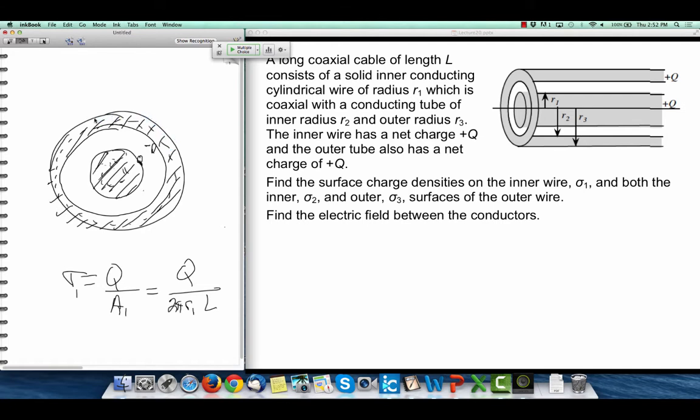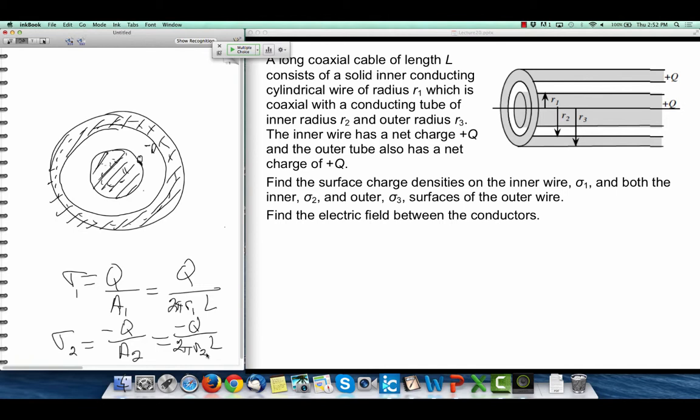You'd know there was no electric field, so no flux, so no charge enclosed. If that has Q, this other surface better have negative Q so that it cancels out and no charge is enclosed. So negative Q inside there, sigma 2 is negative Q over A2, negative Q over 2 pi R2 L, the surface charge density on the inner surface there.